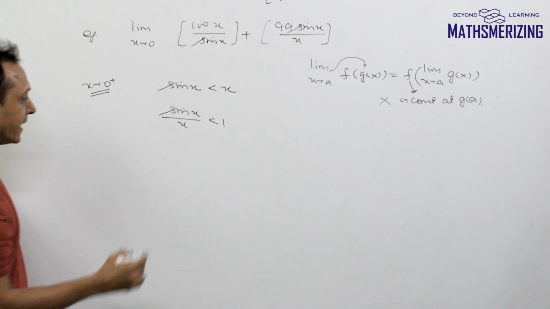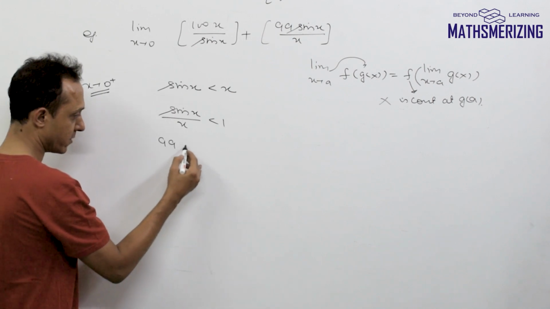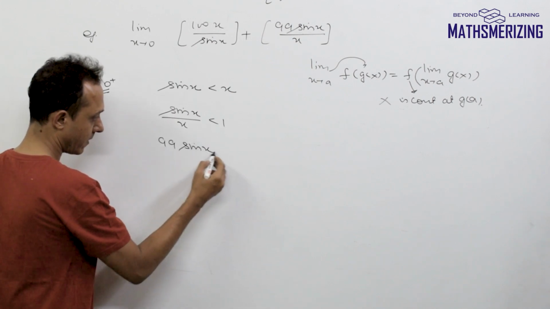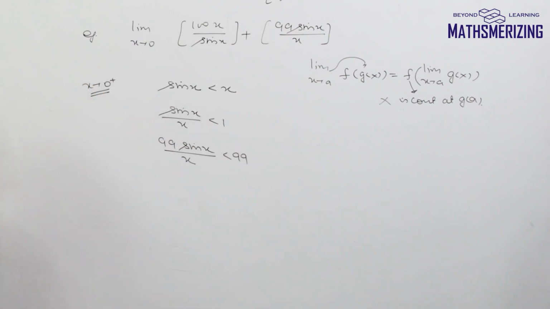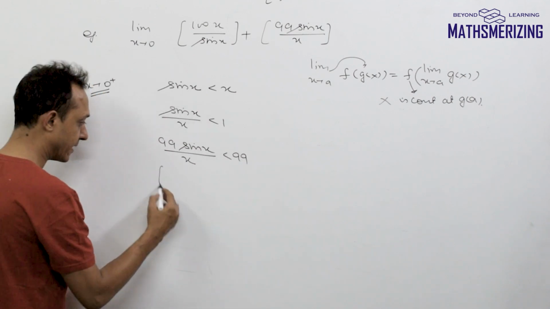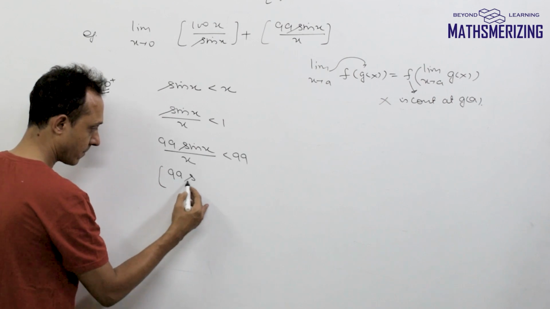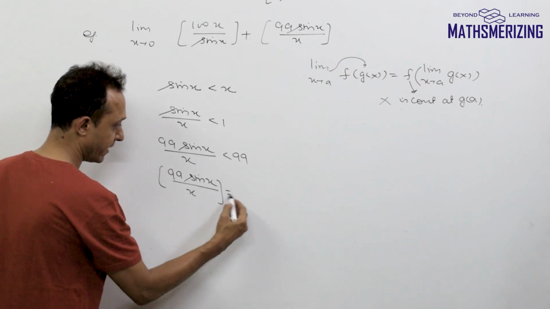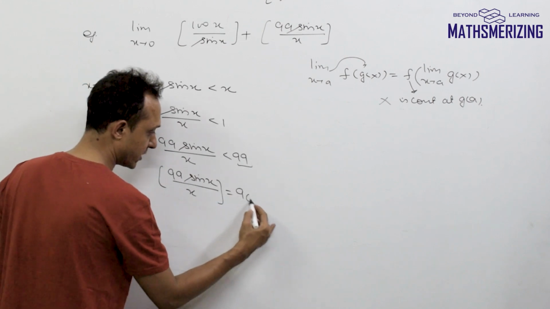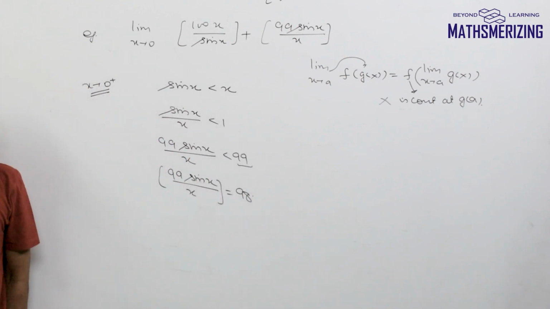If I multiply it with 99, then 99 sine x upon x is less than 99. If I take the greatest integer function, then because it is less than 99, this value will be simply 98.